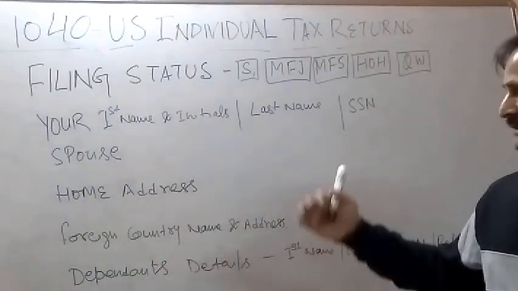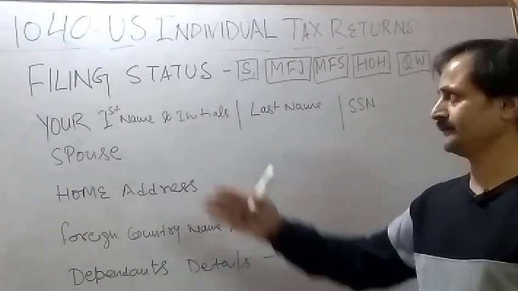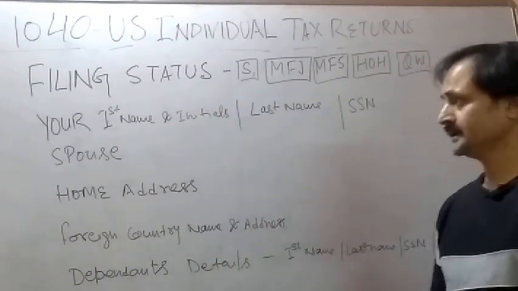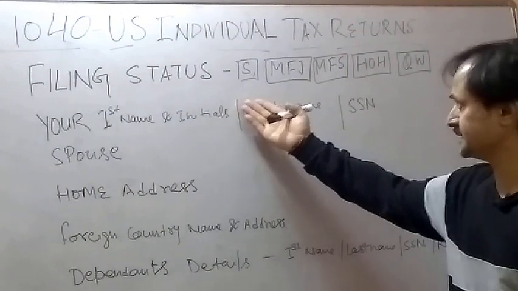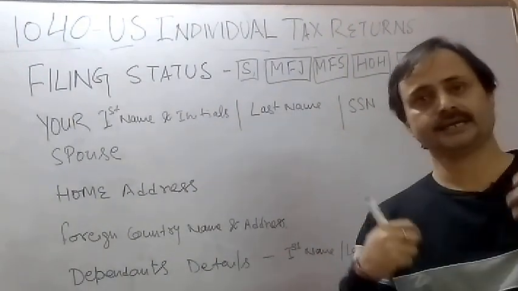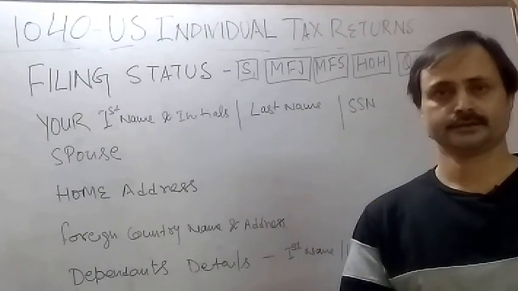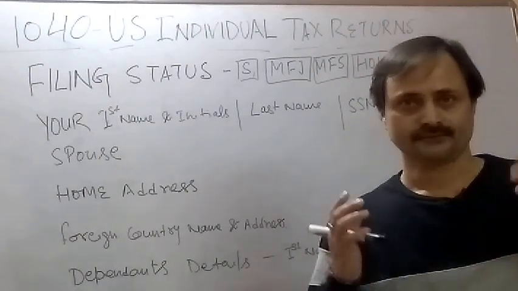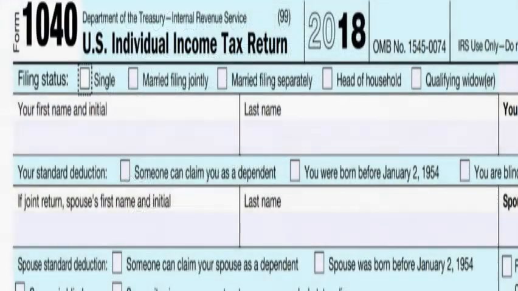Okay, so let's start with the very first page of the 1040, and it starts with the filing status. There are different statuses. Whenever someone files a tax return, what is the status of their filing?